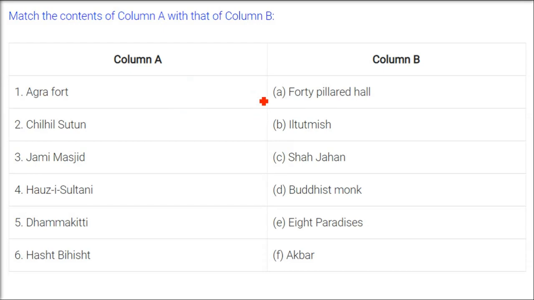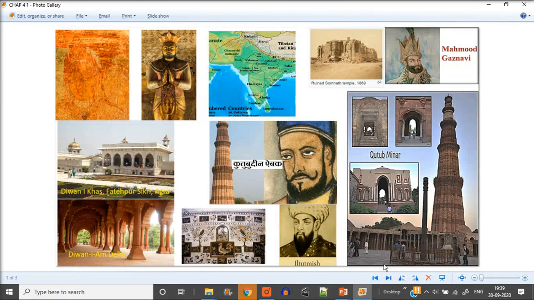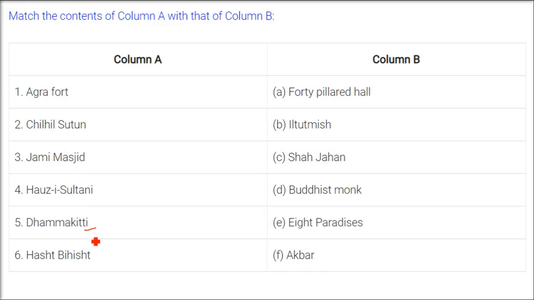Now let me match it here. Let me tell you one or two of these. For example, Hawz-e-Sultani. Who made it? It was made by Sultan Iltutmish. Then Dhammakitti, he was a monk, a chronicler from Sri Lanka. He was a Buddhist monk, and I told you he wrote about King Sena I of Sri Lanka.